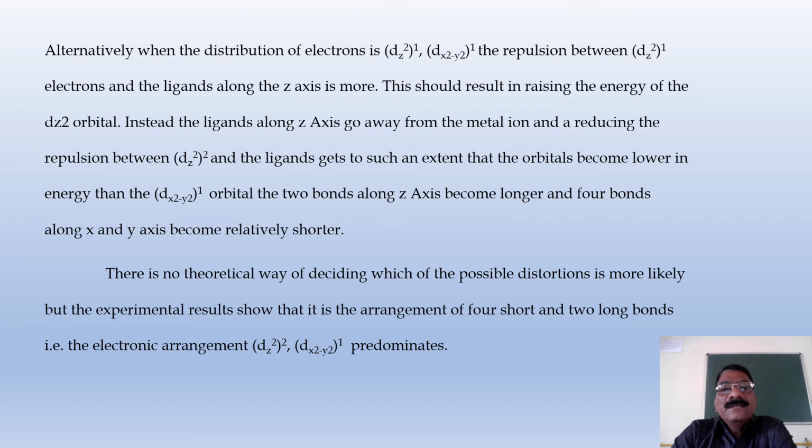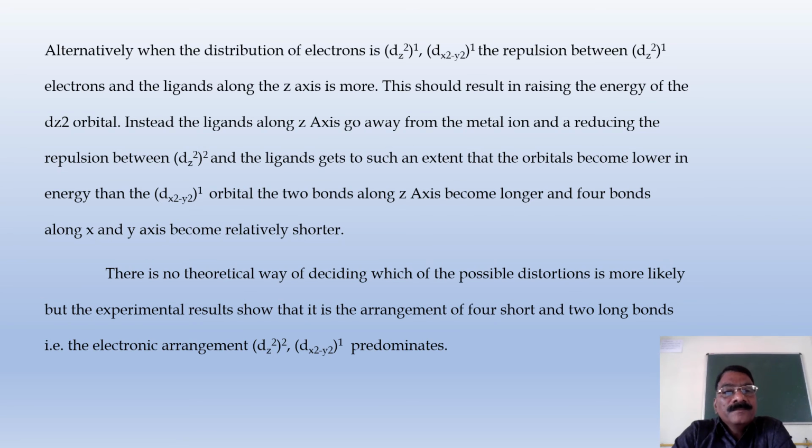Instead, the ligands along the z-axis go away from the metal ion, reducing the repulsion between dz square and the ligands to such an extent that the orbital becomes lower in energy than the dx square minus y square 1 orbital. The 2 bonds along the z-axis become longer and the 4 bonds along the x and y axis become relatively shorter.